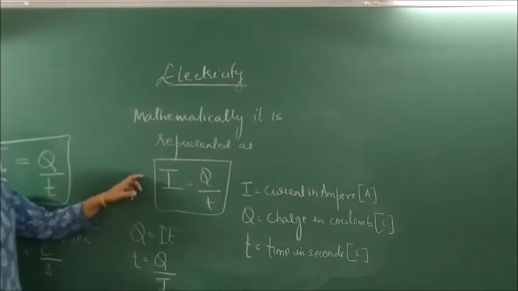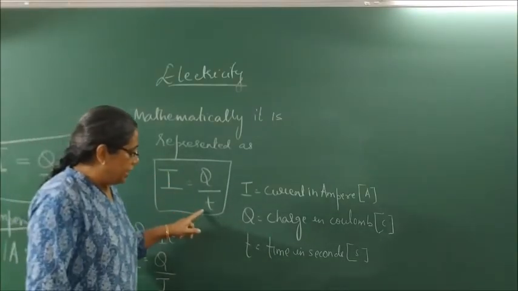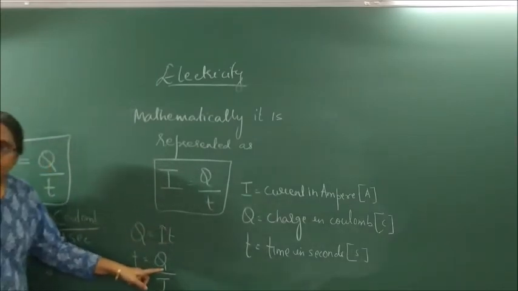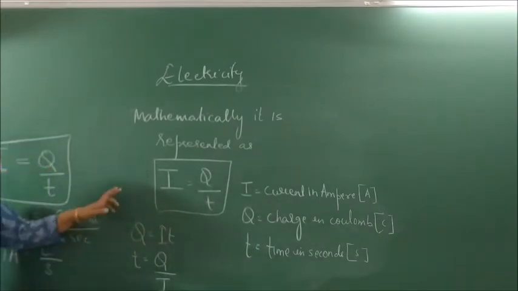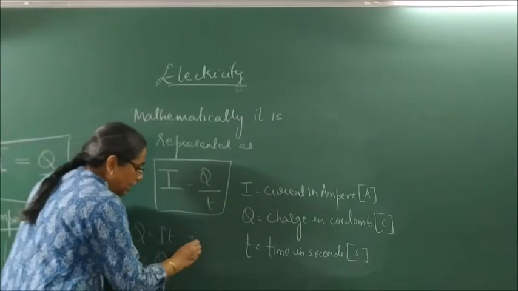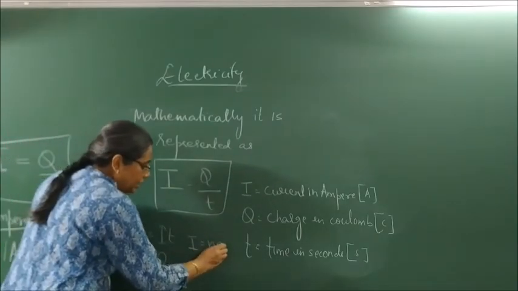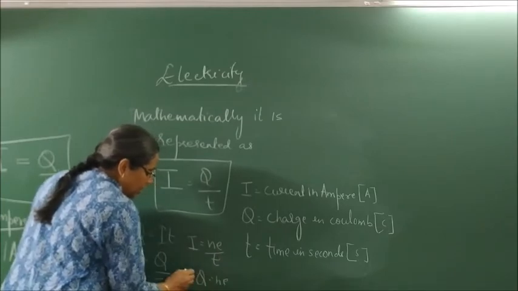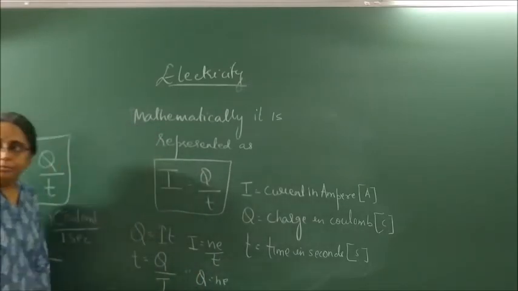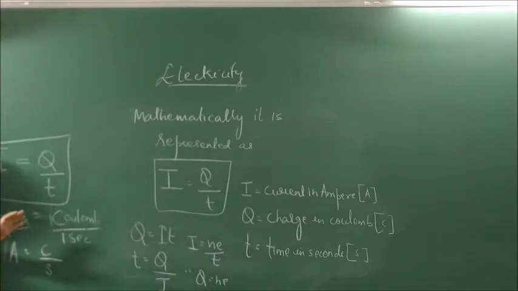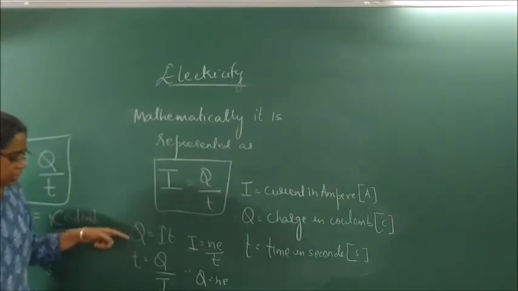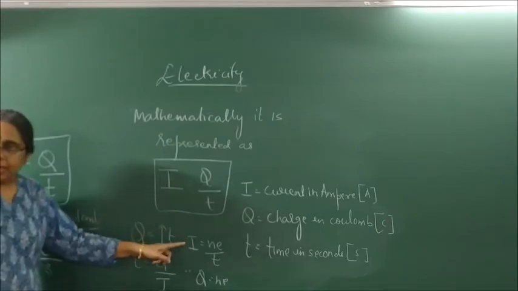From this only: I is equal to Q by T, Q is equal to IT, T is equal to Q by I. I can also write this as I is equal to NE by T because Q is equal to NE. Yes or no? So these are all the formulas with which we will calculate charge, time and current.